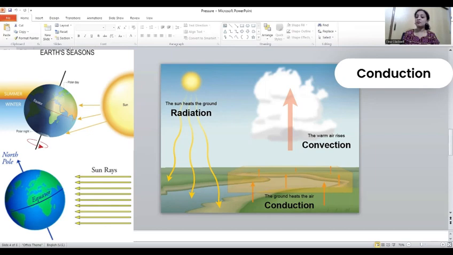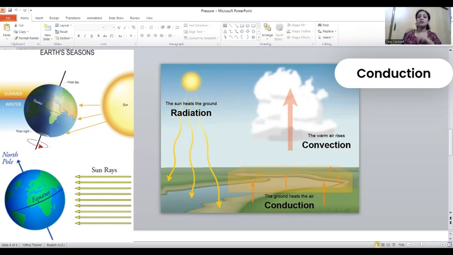This conduction process occurs when there is a zone of contact between the atmosphere and the Earth's surface. This method of heating only affects the air that is close to the Earth's surface. So this is all about conduction.